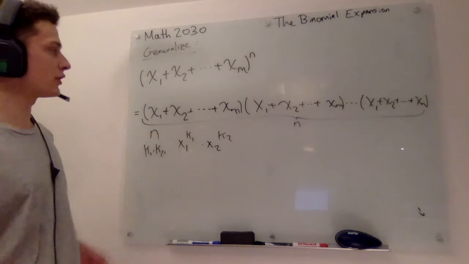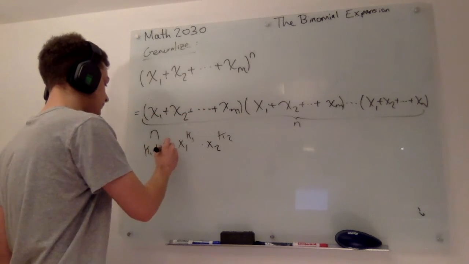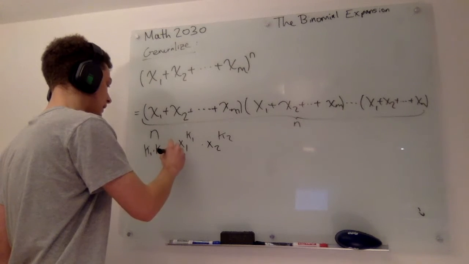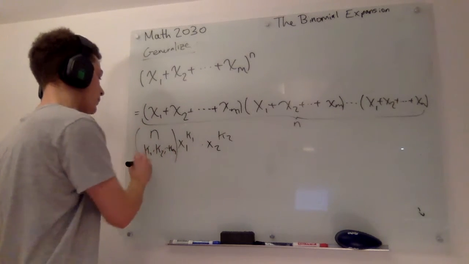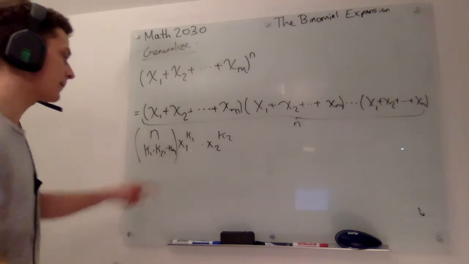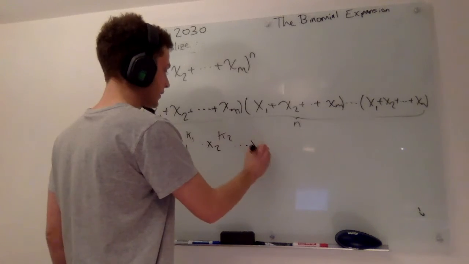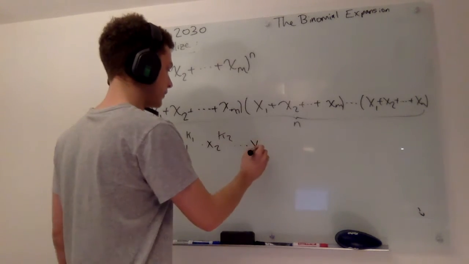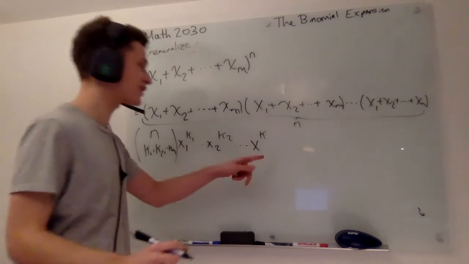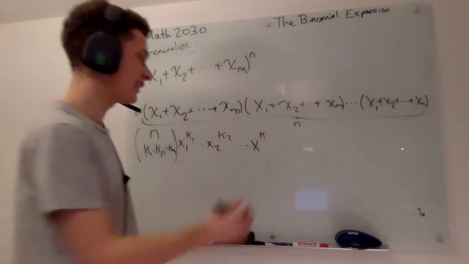And we can continue this all the way up to xm. And in fact, we get this multinomial coefficient of n choose k1 all the way through km. And for each xi in our list, we'll have it to the corresponding power, xi^ki.